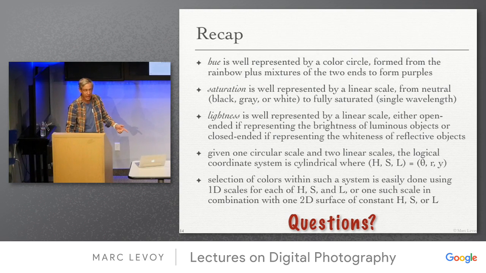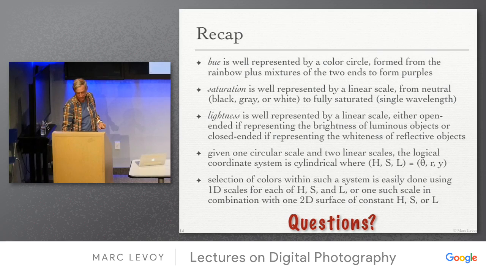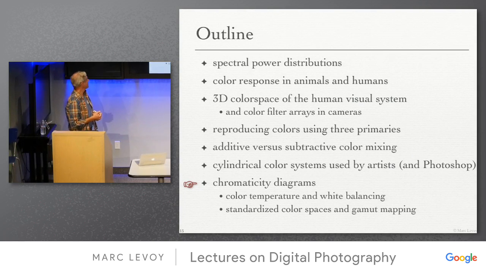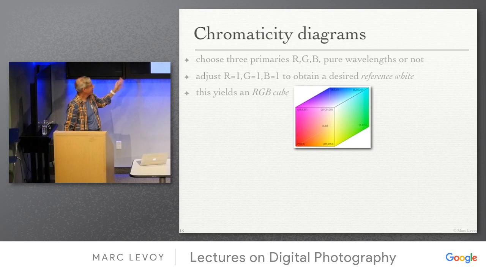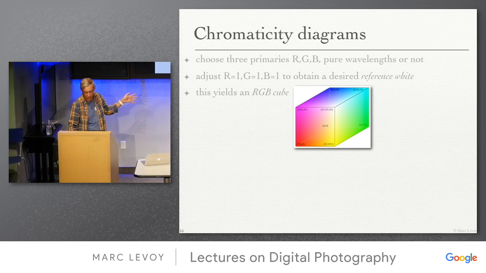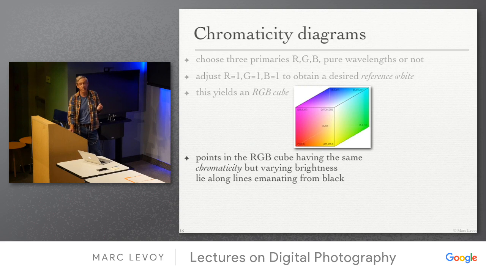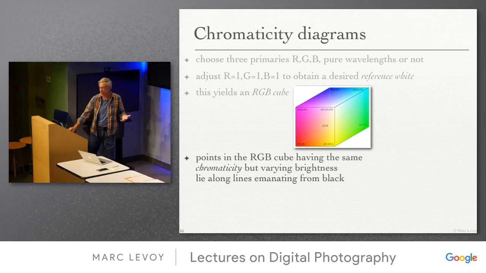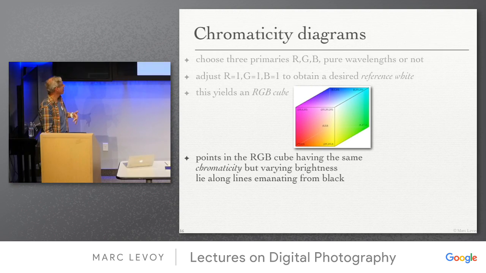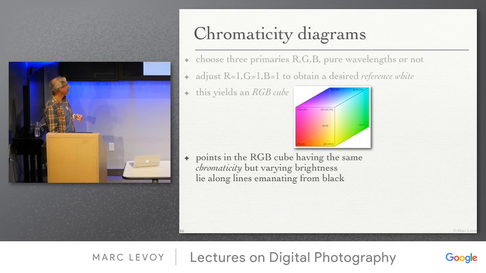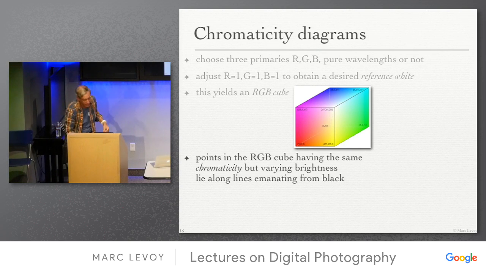All right, nothing on the Dory, so let's keep going. So let's talk about chromaticity diagrams. So there's the RGB cube that we've talked about. Points in the RGB cube having the same chromaticity, meaning the same coloredness, but varying brightnesses, lie along lines emanating out from black, right?